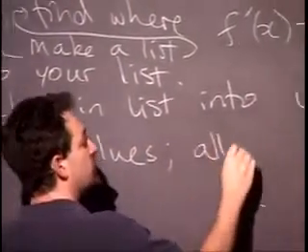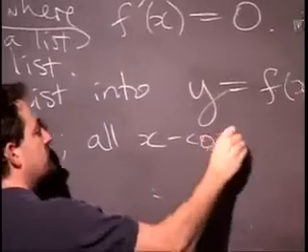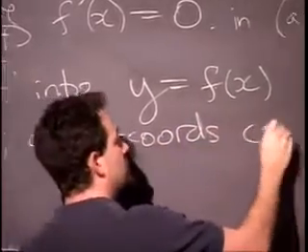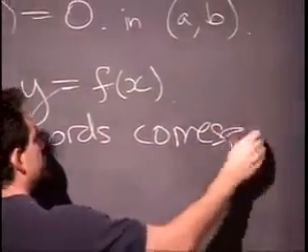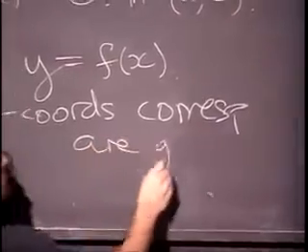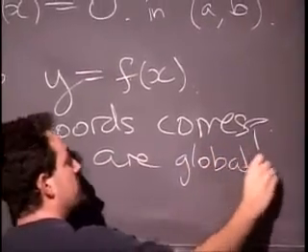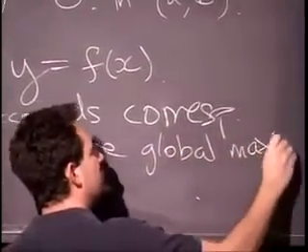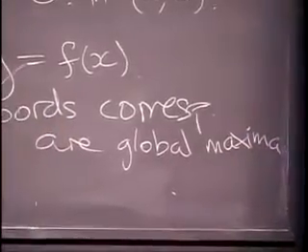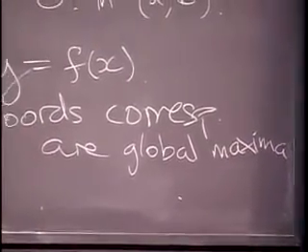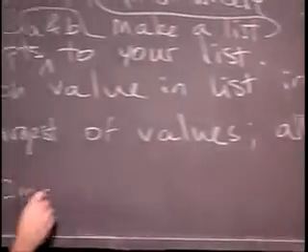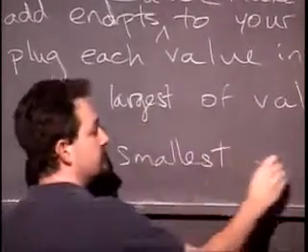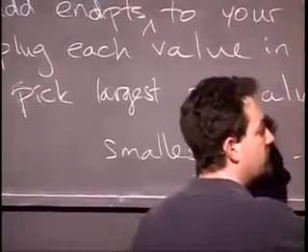All the x-coordinates that produce it are global maxima. Remember, there might be more than one that produce the same height. And similarly, the smallest of the values will give you the global min.